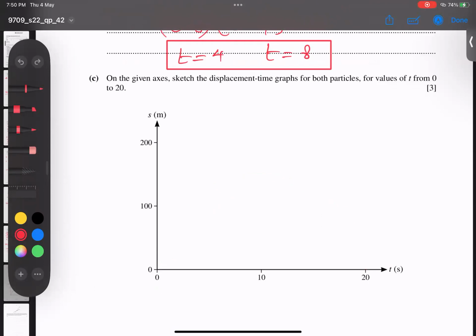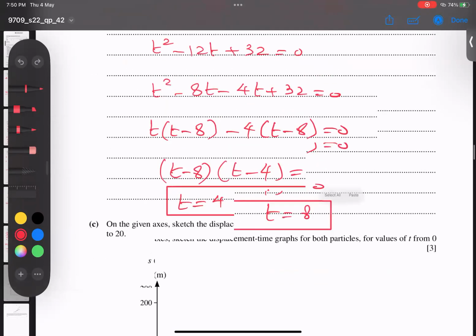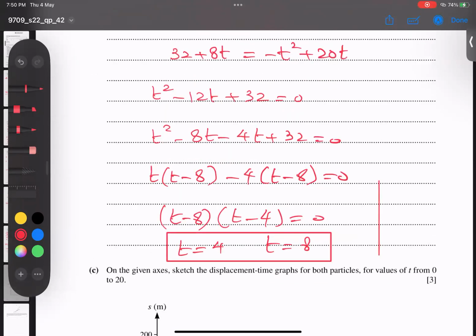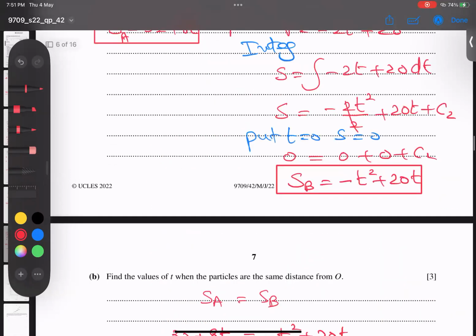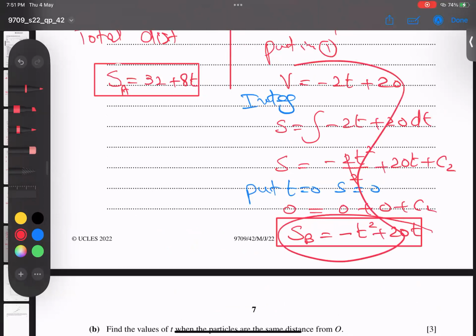For that approach, what is the best technique? For the maximum distance of the particle, I will differentiate ds by dt, which is velocity, and then plug in 0. Luckily we already have it, because when we differentiate this we get this expression.